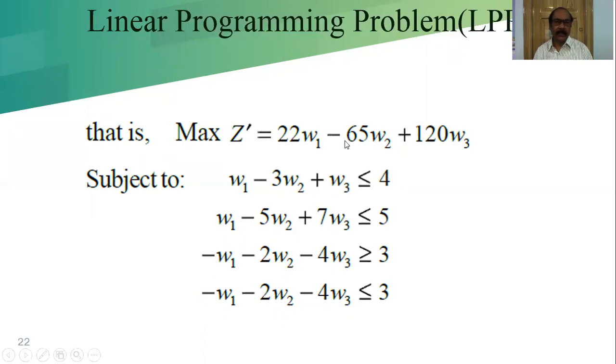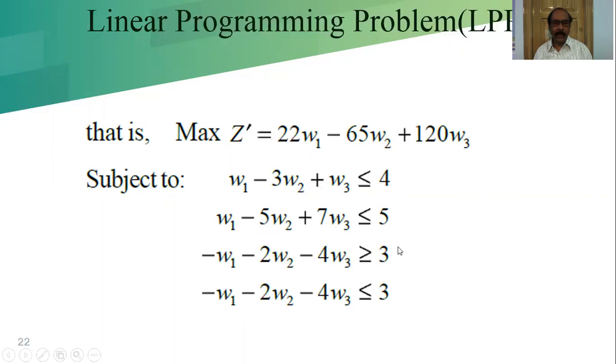max Z dash equal to 22 W1 minus 65 W2 plus 120 W3, and W1 minus 3 W2 plus W3 less than or equal to 4, W1 minus 5 W2 plus 7 W3 less than or equal to 5. Now for these two constraints, the left hand side is the same, one is greater than or equal to 3, the other is less than or equal to 3.